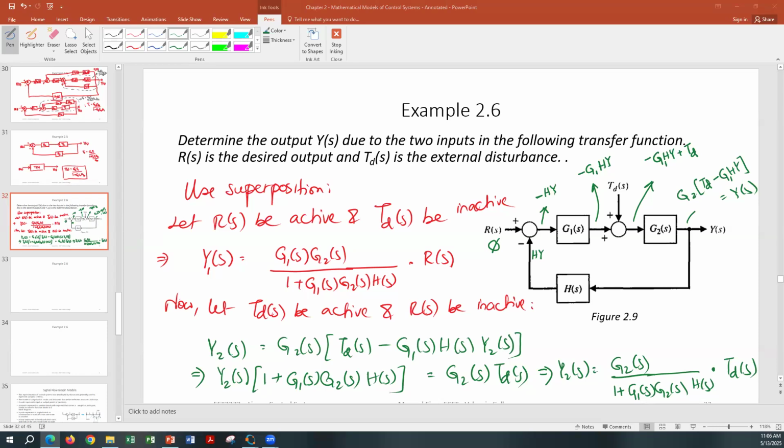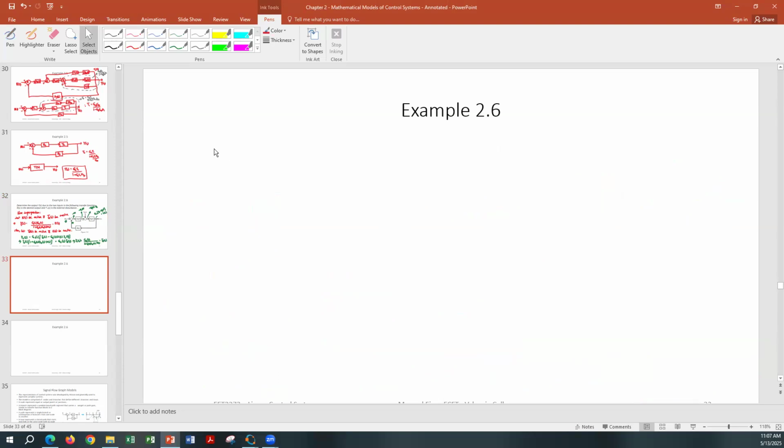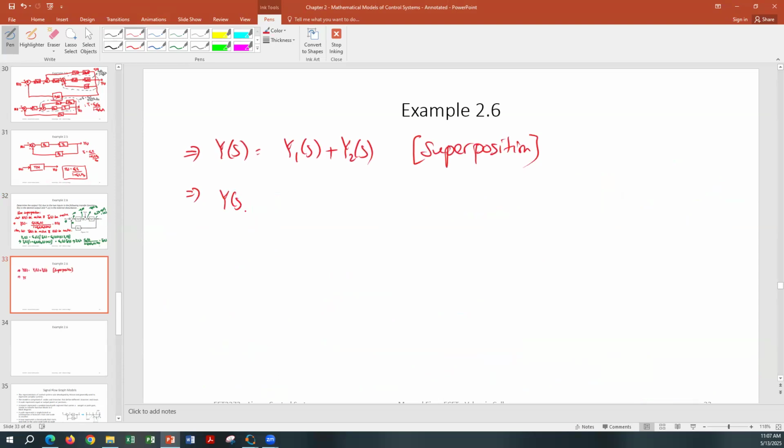So now I have Y1 and Y2. Since we are applying superposition, we're going to find the value of Y by combining both Y1 and Y2 together, applying the superposition principle, and have our final output as the sum of both transfer functions. So Y(s) is equal to Y1(s) plus Y2(s). What did we have?